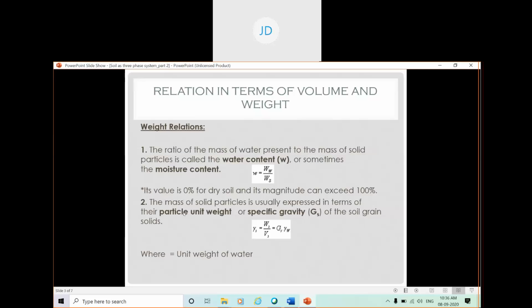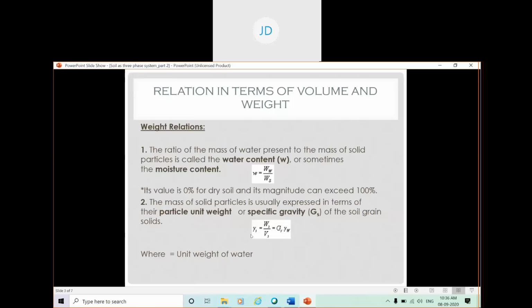Then we'll go to number 2. This is your unit weight of solid or particle unit weight. Here you can see the symbol gamma s, s for solid. That means it's asking the unit weight of solid particles, not unit weight of soil. So forget about voids. If you are asked about unit weight of solid particles only, it is denoted by gamma with suffix small s. This s stands for solid, not soil. Mind it.